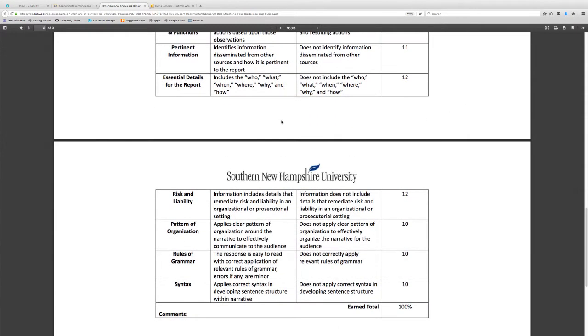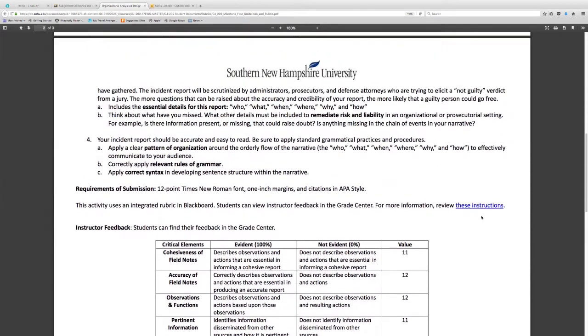Then the essential details of your report. These are exactly the same critical elements from that milestone. Then the risk, liability, pattern of organization, and of course rules of grammar and syntax, 20% of your grade. So there's the rubric and the guidelines in a nutshell.